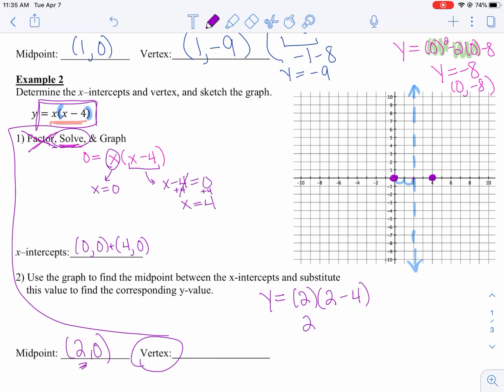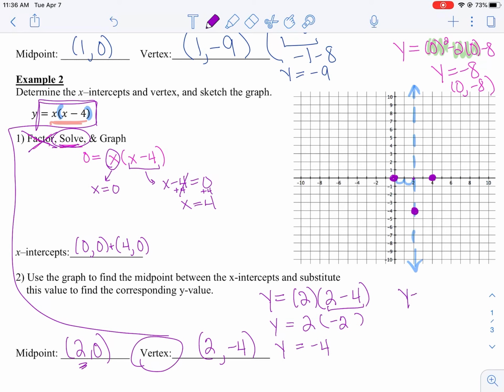So I would keep this 2 here, simplify my parentheses. 2 minus 4 is -2, and 2 times -2 is -4. So our y value is -4, and what was the x value that we substituted? The number 2. So hopefully when I graph this, it does look like it is down the middle. I'm at 2, -4. So I went to the right 2, and y was -4, so we went down 4.